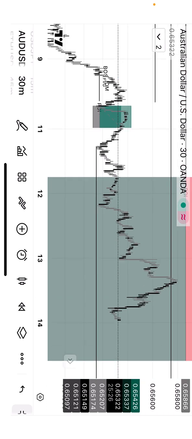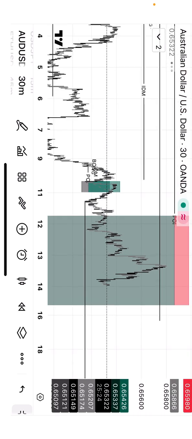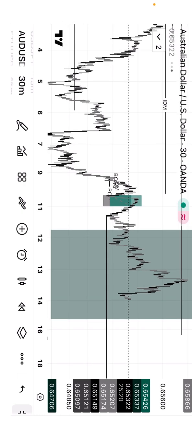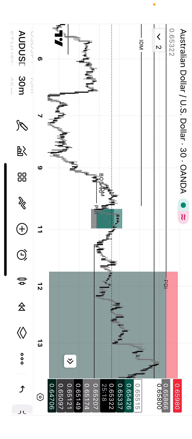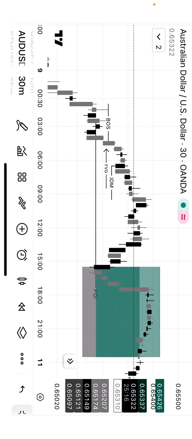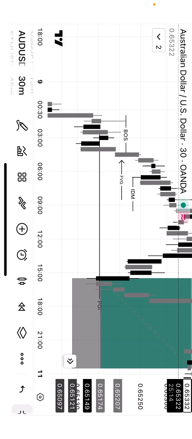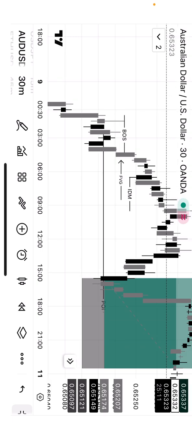You see it, you still respect the zone till you buy. You can't reach that breaker block now. I can't sell again. You understand? That's why they use it to trade. My confluence is break of structure, fair value gap, and inducement. And these three are what they use for an A+ setup.